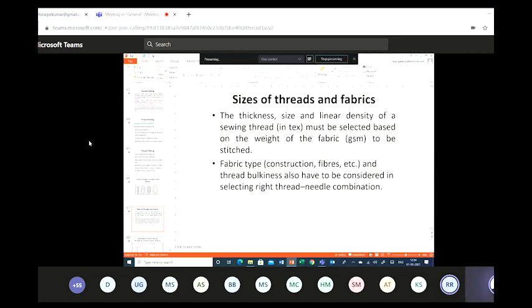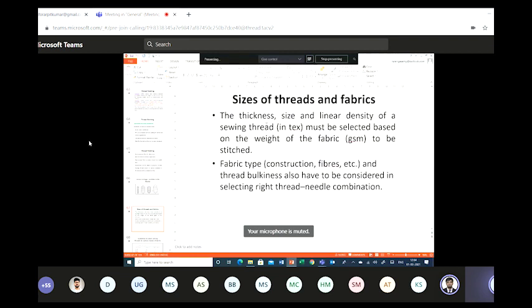Now coming to the size of the thread, size does not mean the sizing of the thread. Sizing means chemical finish, starch, like that. Here size means the diameter, the physical dimension of the thread. You can say the thickness, linear density, tex of the thread. Okay, that is the meaning here.